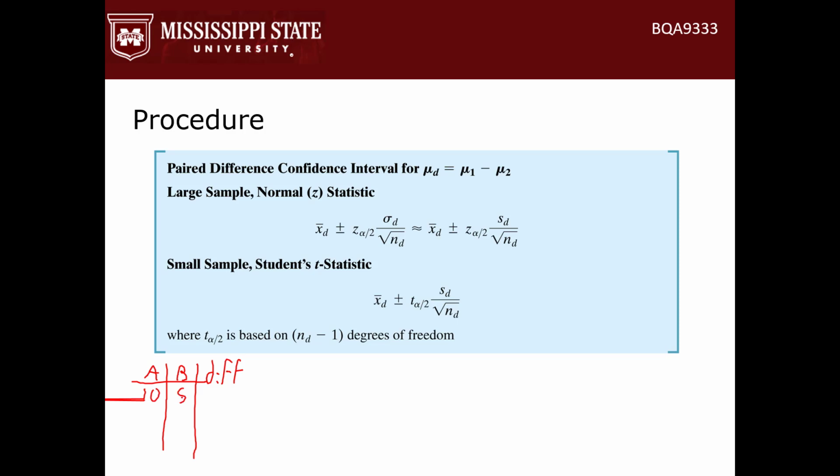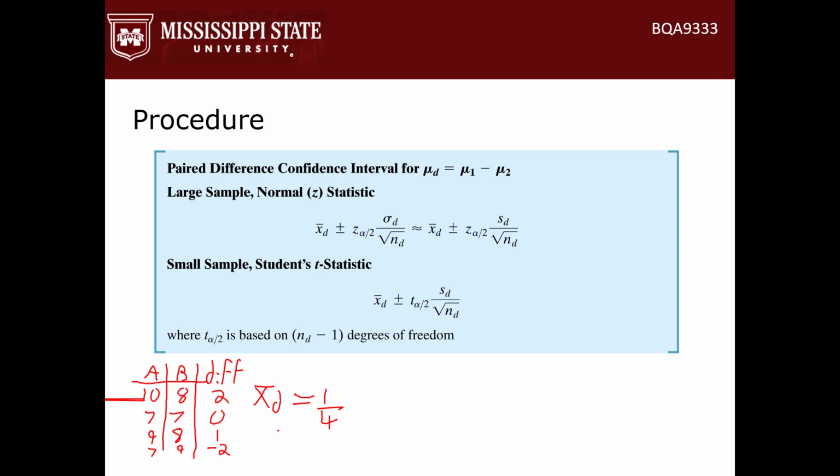So we have 10, 8, the difference is 2. 7, 7, 0. 9, 8, 1. 7, 9, -2. And then we have n equals 4. So the mean difference, x bar d, would be 2 plus 0 plus 1 minus 2, which is 1, divided by 4.